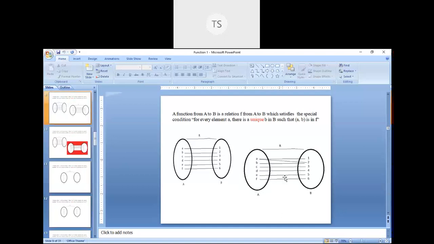But if you notice this second diagram, what is the difference between the first and the second one? Yes, for this particular element a, it has two images, 1 and 2. For this case, can you say that a has a unique image?